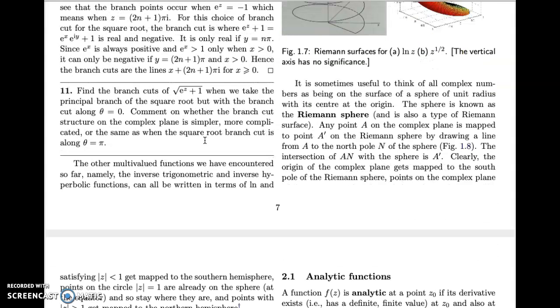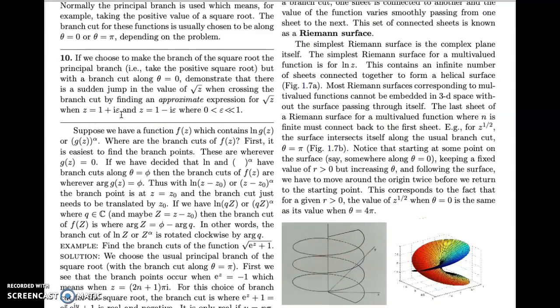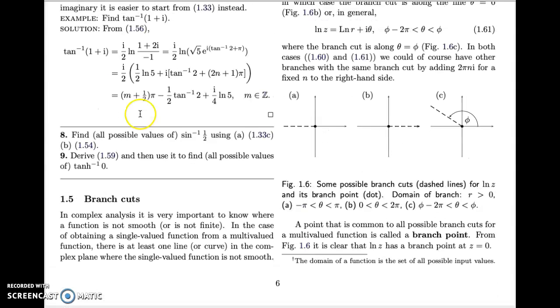Question 11 is talking about exactly the same function, but read the question carefully. It's now asking you to consider what happens when the principal branch of the square root is along theta equals 0. So we have this situation here. The example we did was with this situation. Now we've got this situation here.